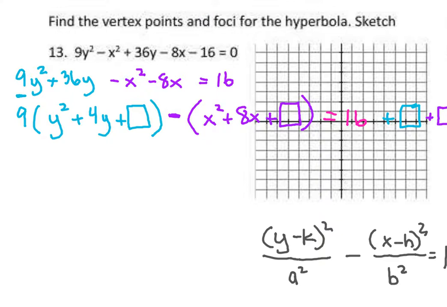So what goes in the box? That's the main question. We always divide this number by 2 and we square it. So 4 divided by 2 is 2. 2 squared is 4. But in order to put it over here on this side, I also have to multiply it by 9. So this is 4 times 9, which is 36, that goes in the box here.